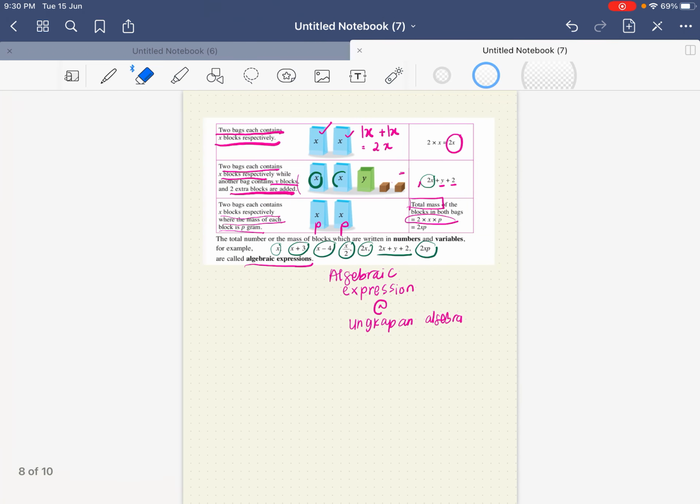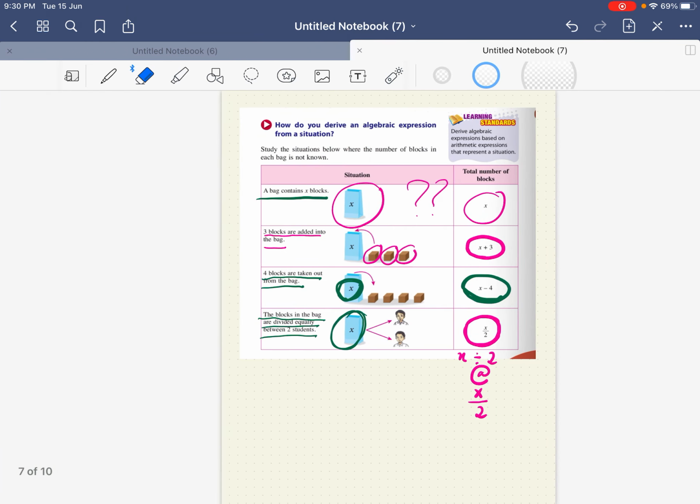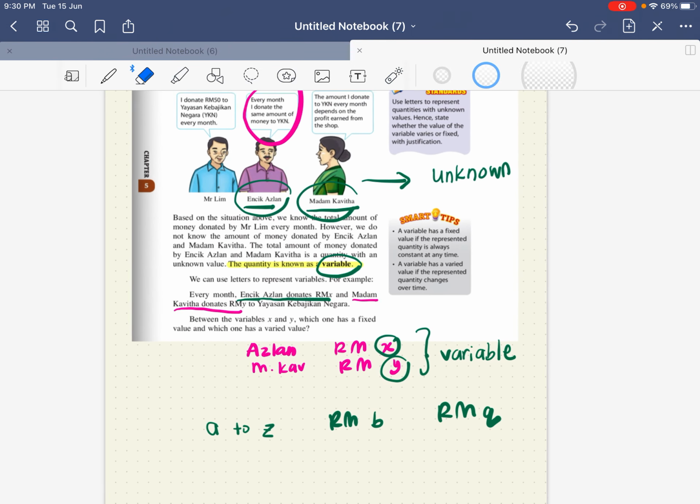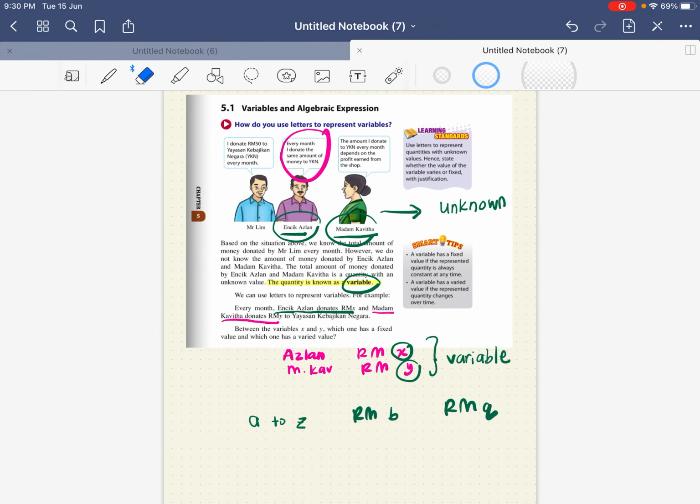Okay. So basically we have learned this thing today. The variable. The concept of unknown. Variable we can represent something that we don't know. So amount ataupun quantity tu we know as a variable. So kita represent dia by using alphabets or letter.